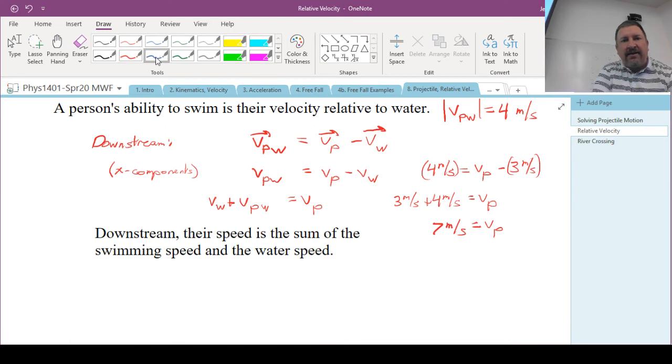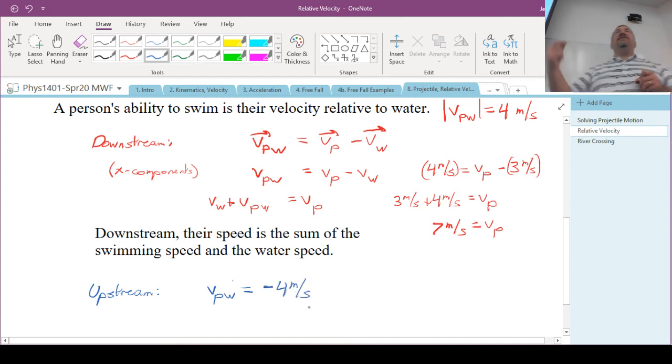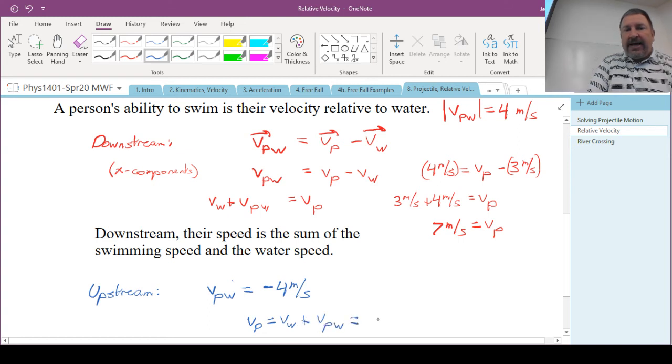Now, if on the other hand, you go upstream, then V person relative to water is equal to minus 4 meters per second. It is their relative velocity that automatically reverses when they turn the other way. So then we have V person is equal to V water plus V person relative to water, which is 3 meters per second plus minus 4 meters per second, equal to minus 1 meter per second.